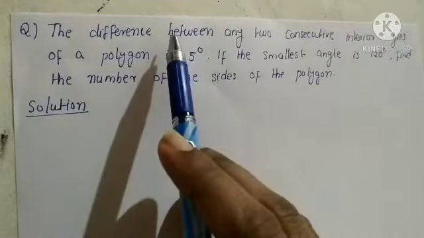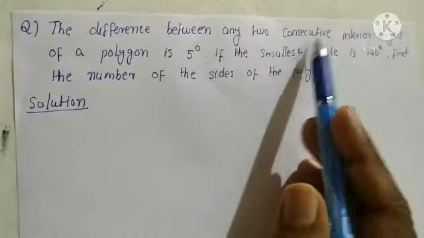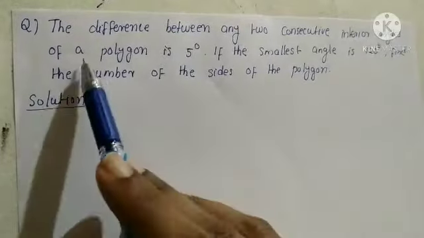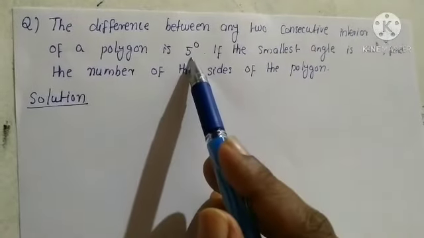Here, it is given that the difference between any two consecutive interior angles of a polygon is 5 degrees.